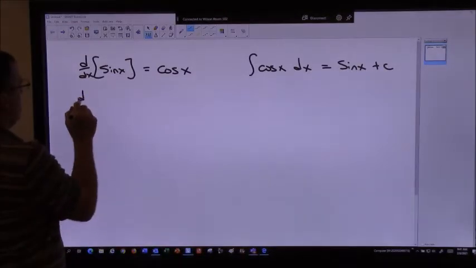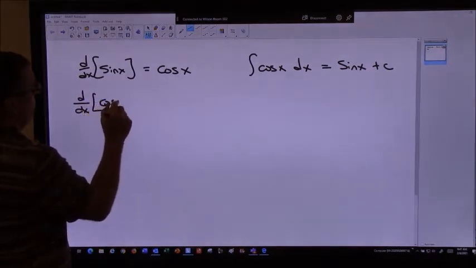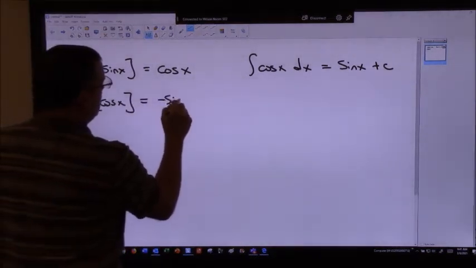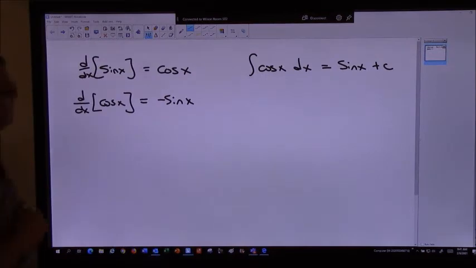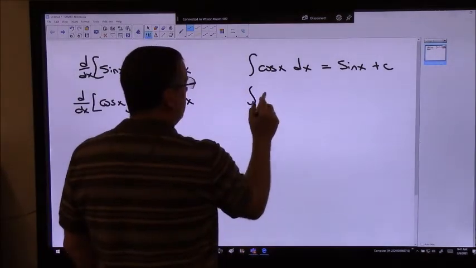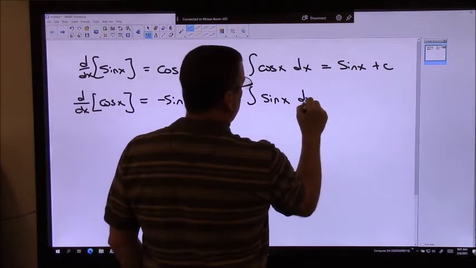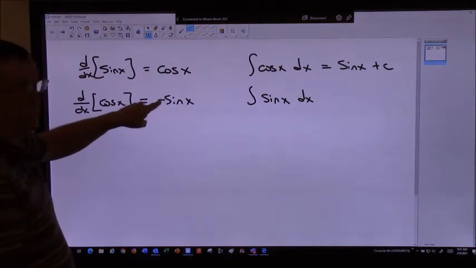We know that the derivative of cosine of x is equal to negative sine of x. So what's the integral of sine of x dx? Well, we know what the integral of a negative sine is.